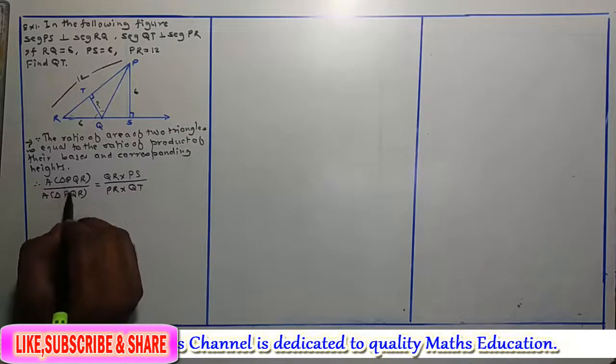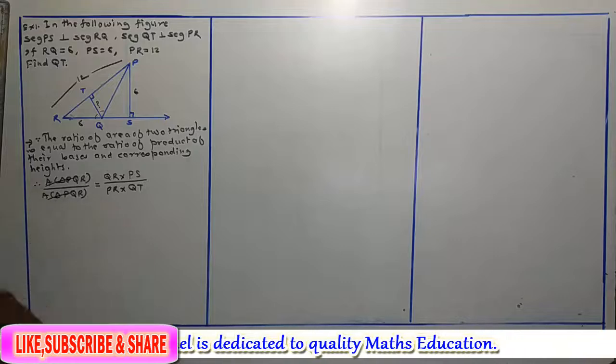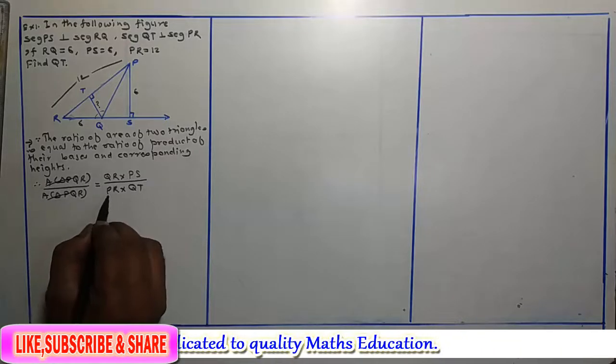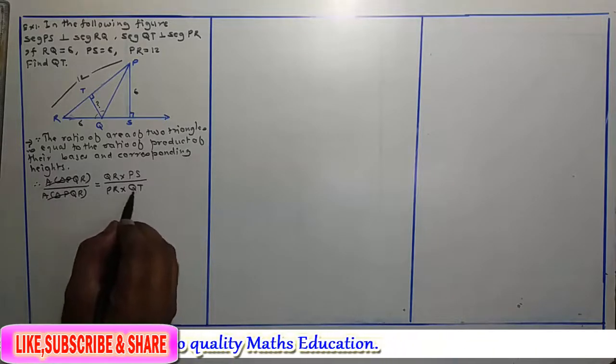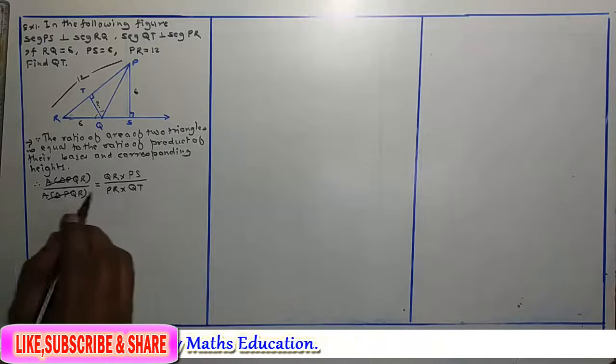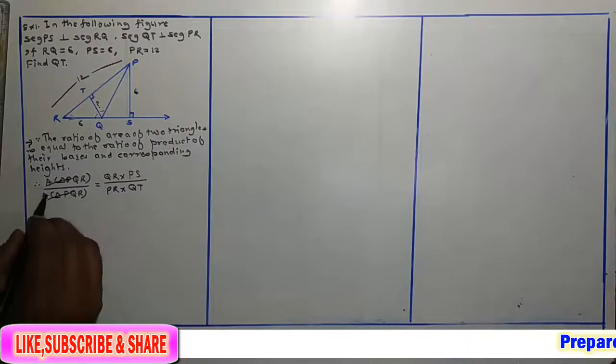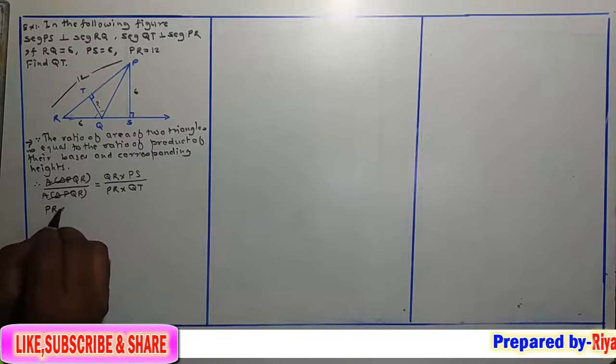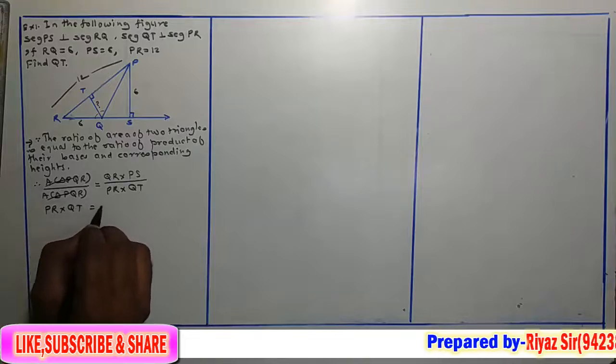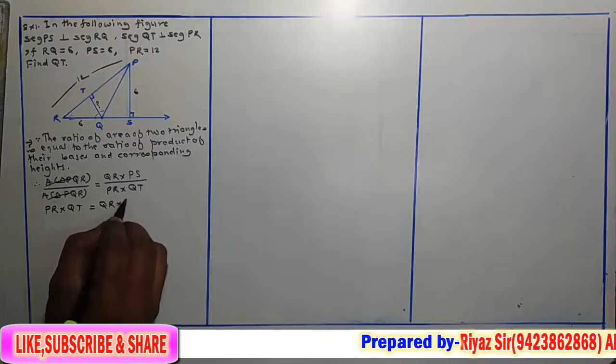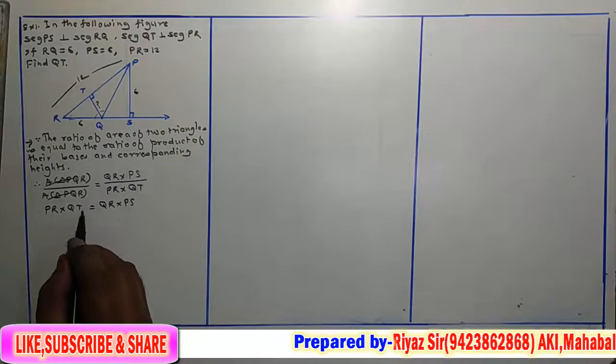So this is the same triangle, so the area gets cancelled, one is left there. So PR into QT is in the denominator on the right hand side. When we take that term to the left hand side, it comes in the numerator, and you will get PR into QT is equal to QR into PS. Just substitute the values.